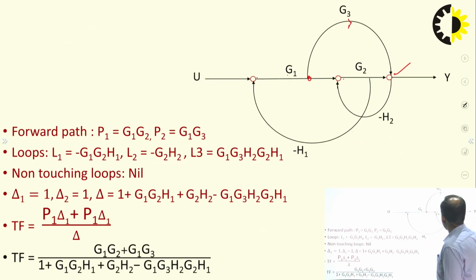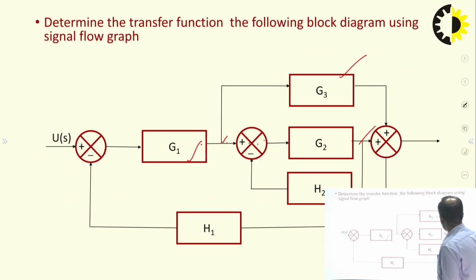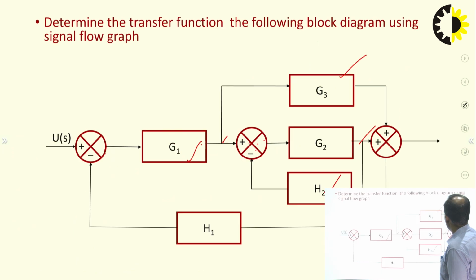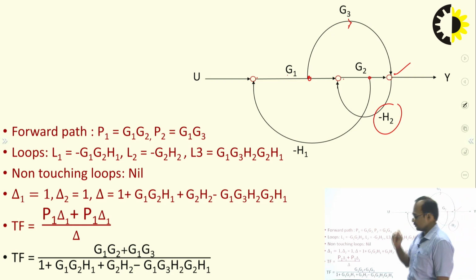Similarly, this node is connected to this takeoff point with gain minus H2. And this takeoff point is connected to this summing point with gain minus H1.